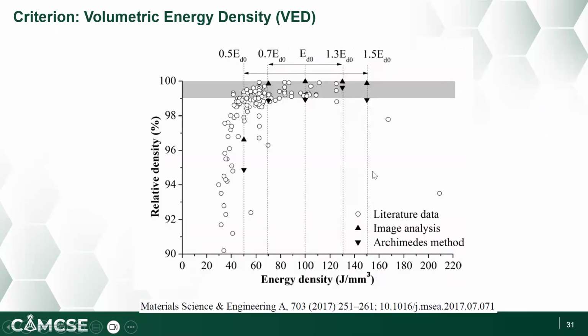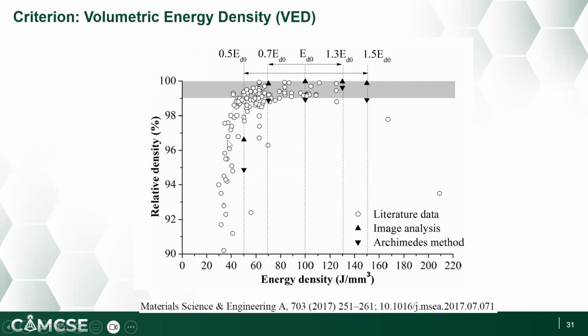A lot of studies in the literature have revealed that there's an optimal volumetric energy density window. Within this window, you can build very high quality components with a relative density close to 100%.